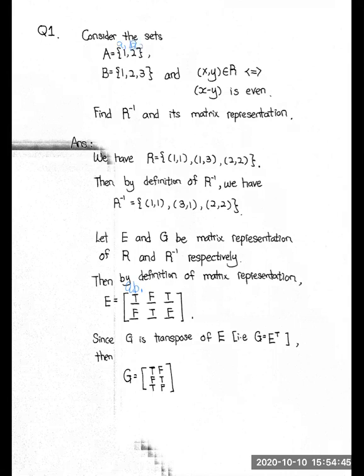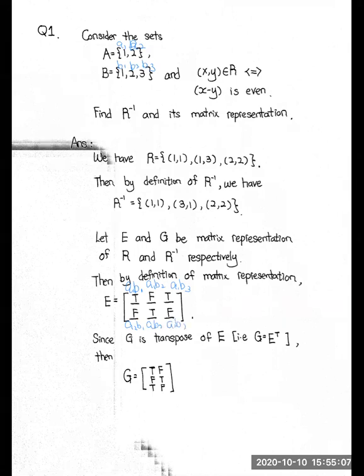The entries correspond to A1, A2 against B1, B2, B3: (A1, B1), (A1, B2), (A1, B3), then (A2, B1), (A2, B2), and (A2, B3).